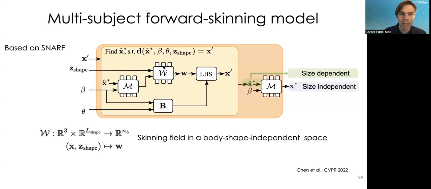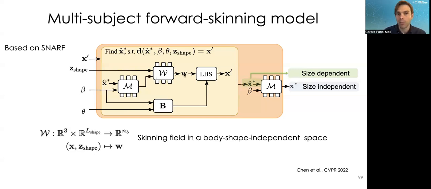So here we have this skinning module W that takes this latent code Z shape as input, and it also takes X star. So X star would be this size independent position of the point, which is basically canonicalized both in pose and shape as well.